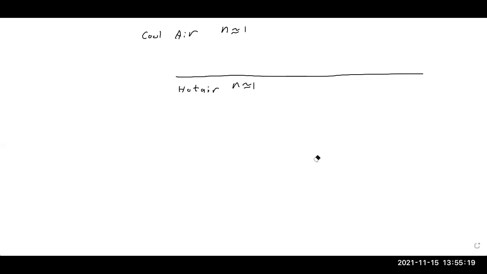But remember, air doesn't have an index of quite 1. So the cool air is going to have an index which is slightly higher. So there's still going to be some bending as you transition from cool air to hot air. Or another way of looking at it is you're still going to have some critical angle where the light doesn't transition from cool air to hot air, and it bounces off the surface.